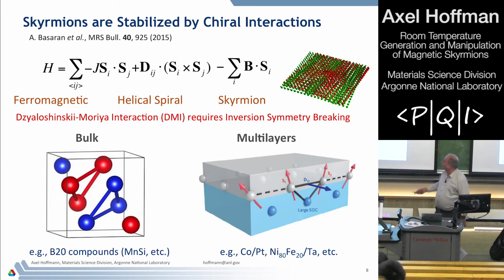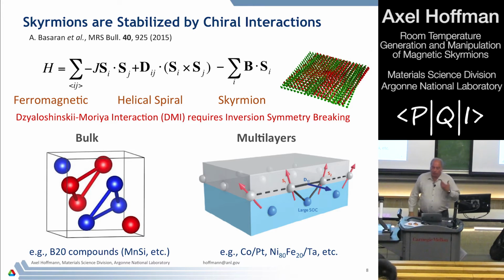And you can have this in bulk materials like manganese silicon, which is part of a family called B20 compounds, which are cubic materials where the alternating elements are alternating along the 1-1-1 direction. So you have one plane of one element, then the next plane of the opposite element, and you immediately see that the element here is different from the element there, and so there's no inversion symmetry in this material.